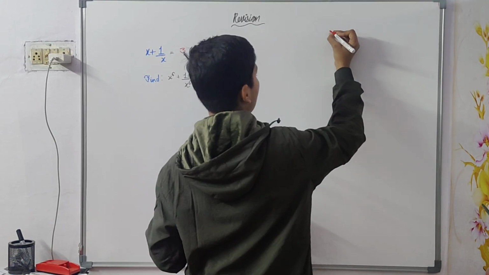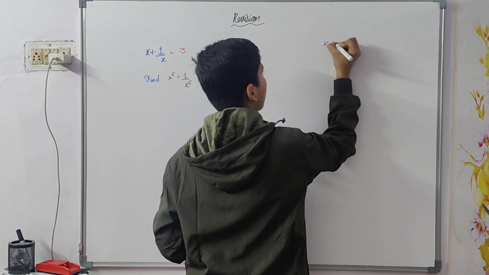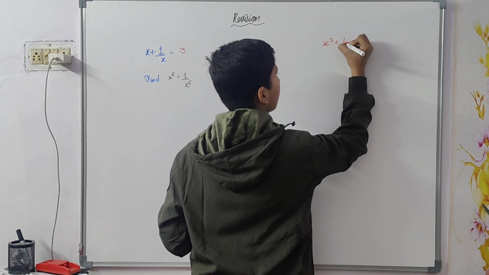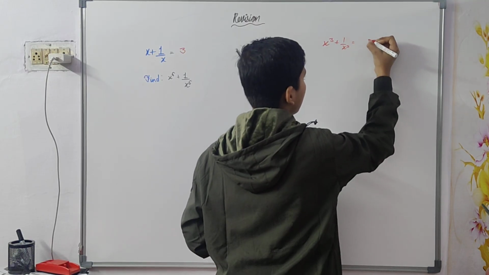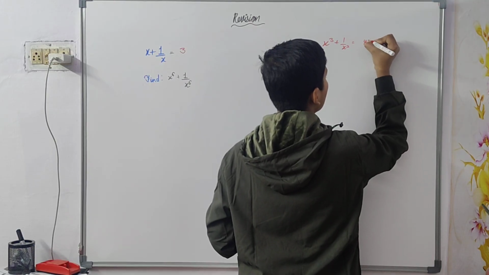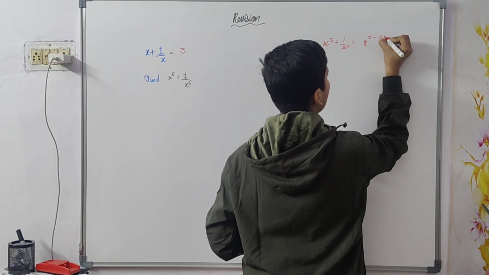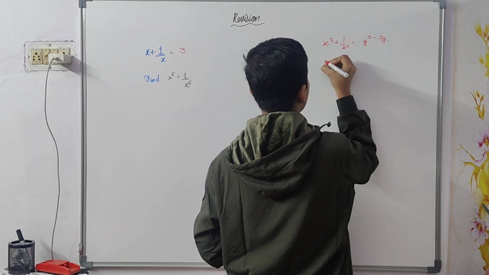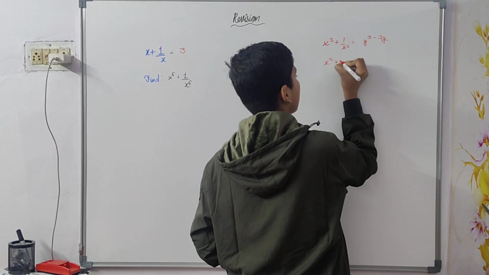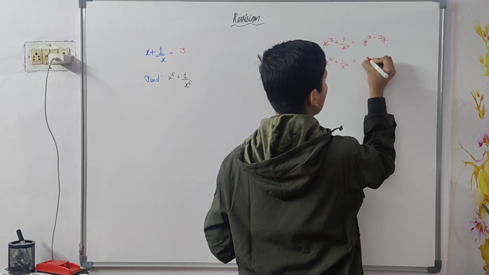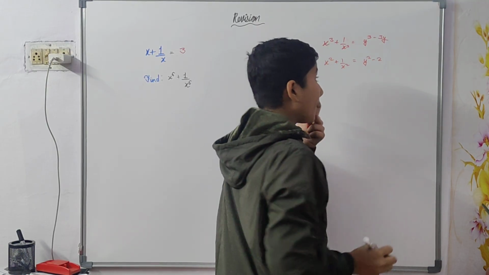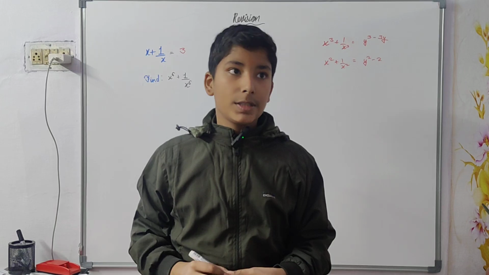What was the trick? x cube plus 1 by x cube equals y cube minus 3y. Okay, so I have told you this.